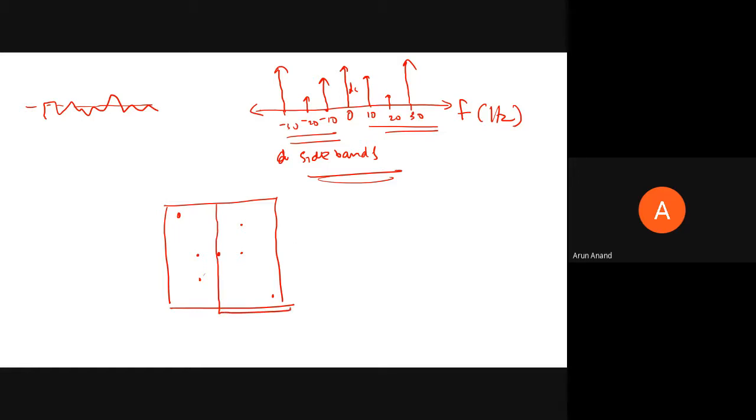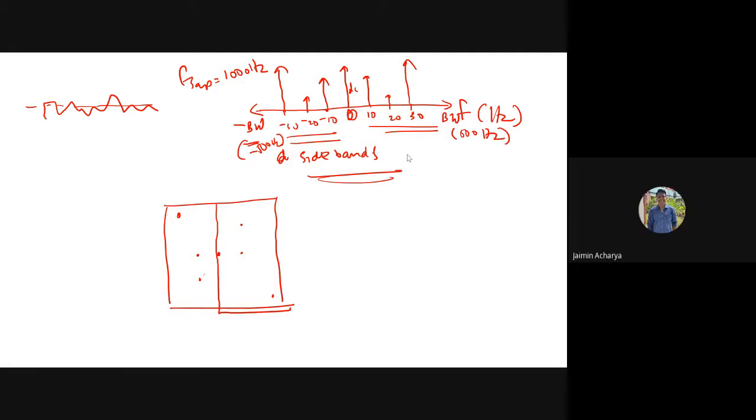Your frequency goes from 0 to plus bandwidth and 0 to minus bandwidth. For example, if the sampling frequency is 1000 hertz, this goes to 500 hertz, and this goes to minus 500 hertz. You can see here the total is 1000 hertz. Clear?